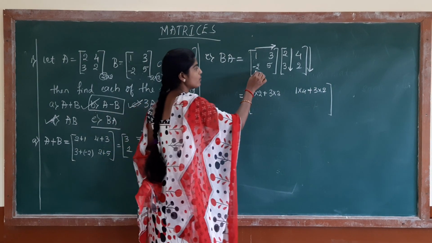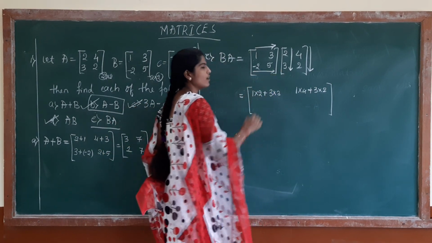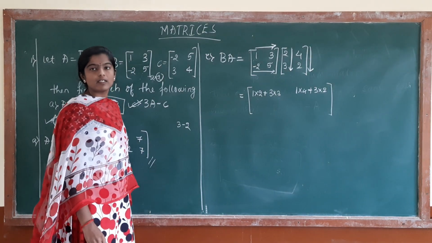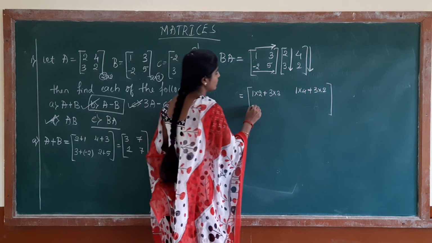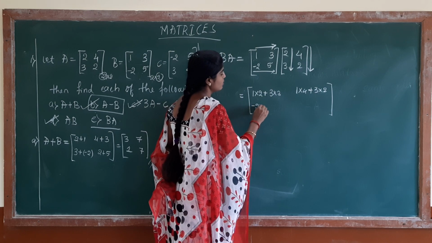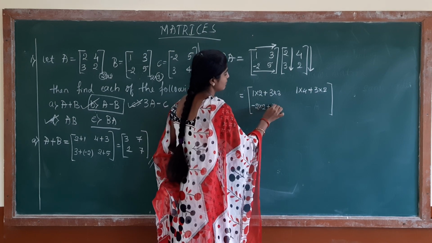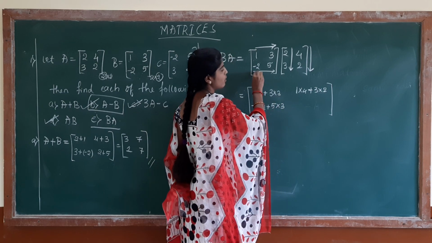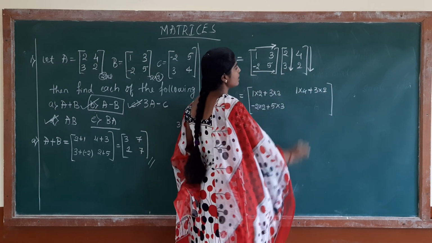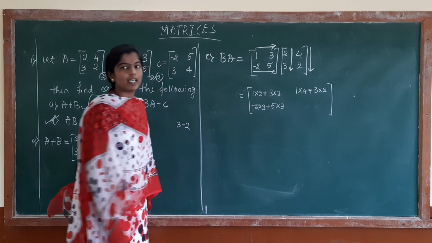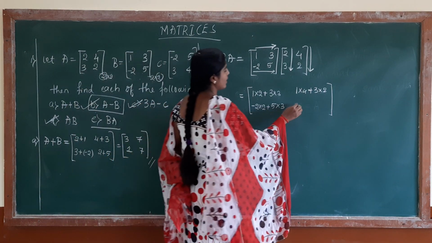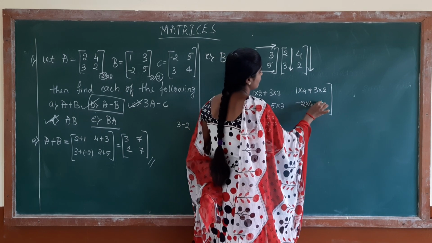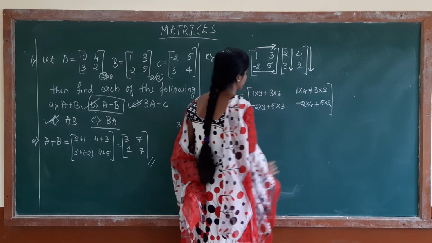So next we have to move to the second row of matrix B with the first column of matrix A. So we take minus 2 into 2 plus 5 into 3. Again, the second row of matrix B with the second column of matrix A, then we have minus 2 into 4 plus 5 into 2.